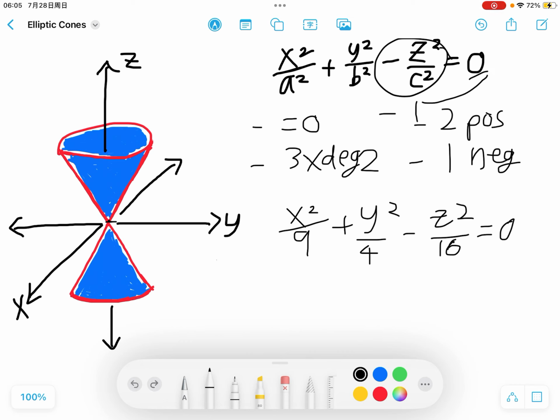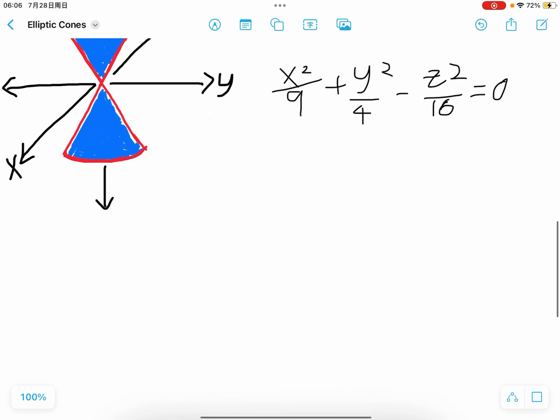So this is an ellipse, and as my z increases, I get a larger and larger ellipse, etc. That's just the theory of why it produces an elliptic cone.